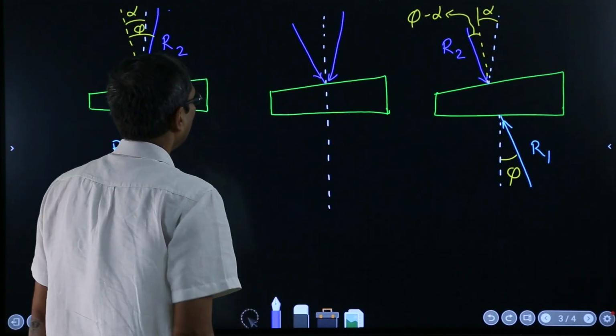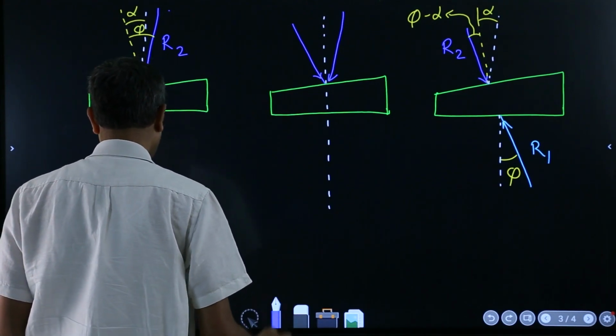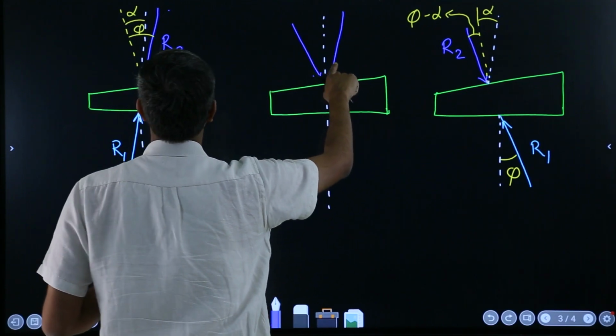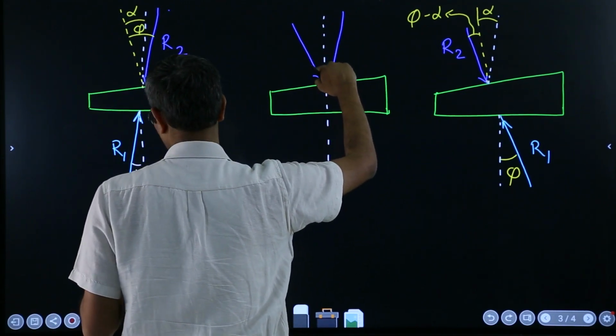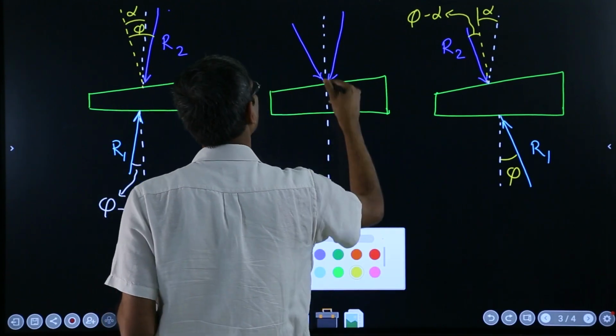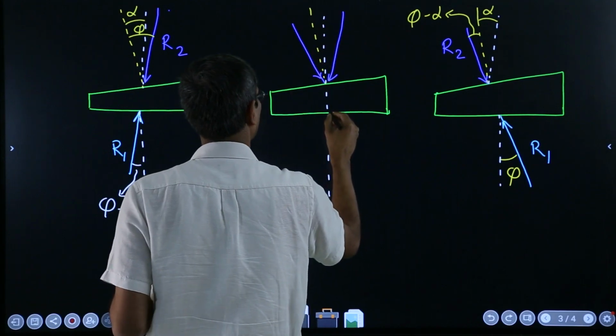Okay, and what are the angles? Let me see. So this was with respect to, let's say, now I'll draw this one, the surface perpendicular also.